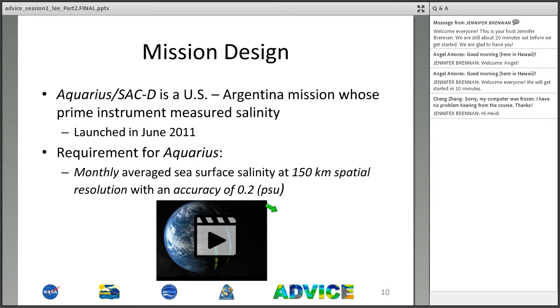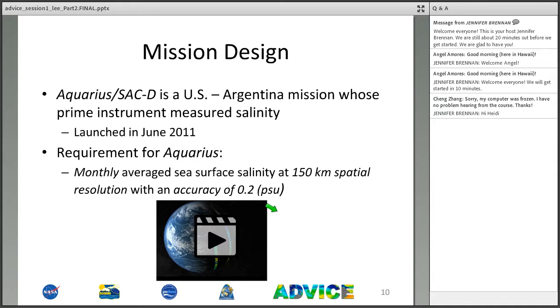So it was launched in June of 2011, as I mentioned, and scientific data began to be delivered in August of 2011. The target accuracy of Aquarius is 0.2 PSU on the scale of 150 kilometers, which is the nominal footprint of the Aquarius radiometer.